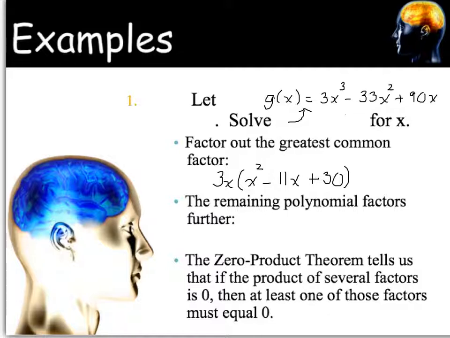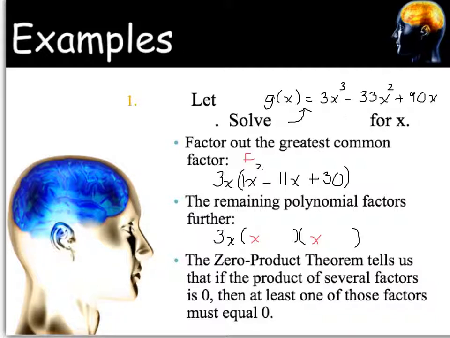Then we know we want to go further if possible and continue factoring what's left in the parentheses. Well, I notice it's not a special case because it does not begin and end in a perfect square. But it is very easy to factor in that the leading coefficient is 1. So I know first times first has to equal x squared. Well, that would be x times x.